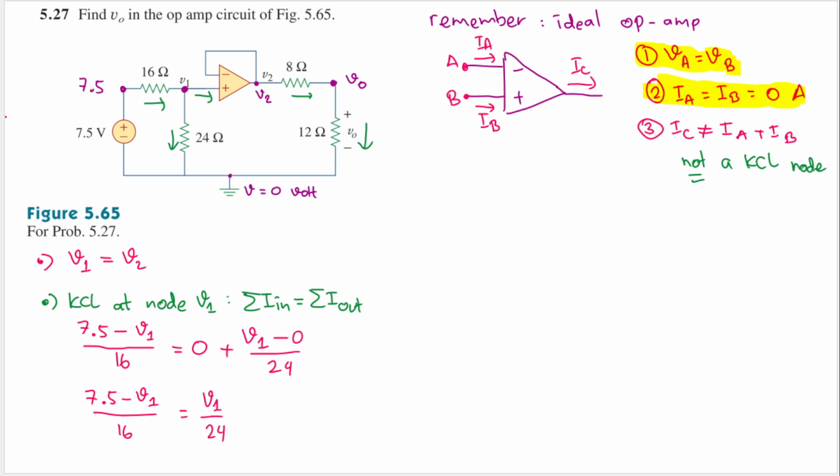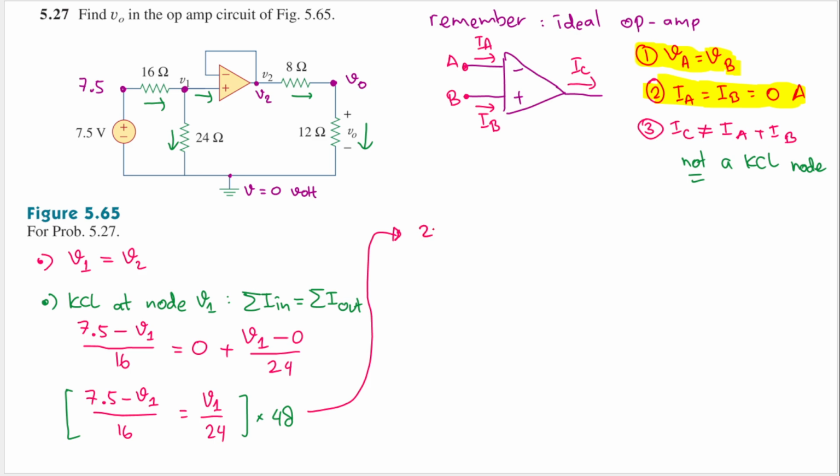I think we can multiply both sides by 48, right? Yeah, I think 48 is good. Now let's continue here. 16 and 48 will cancel into 3, and 7.5 multiplied by 3 is 22.5.